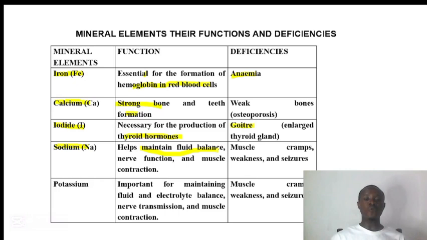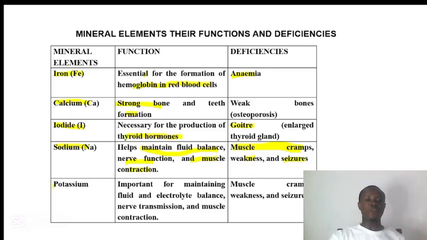So that is how sodium helps to maintain fluid balance of the blood or the body. It is also needed for nerve function and muscle contraction. So if a person lacks sodium, the person will experience muscle cramps, weakness, and seizure.